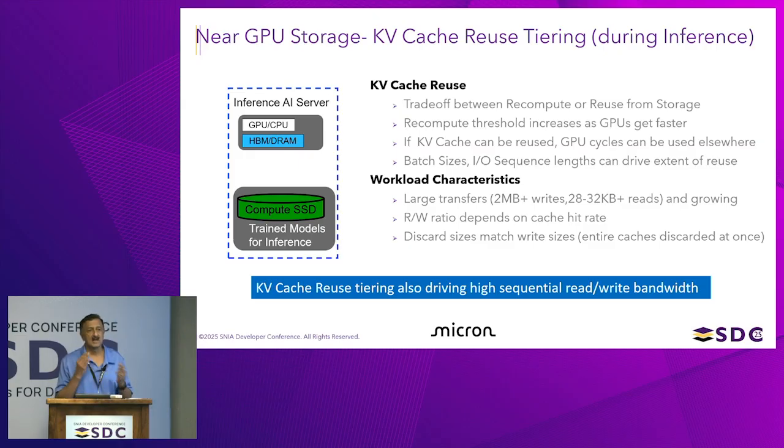Secondly, the input sequence length and the output sequence length, so the length of the token sequence is getting larger and larger, which again increases the KV cache size. This is causing a spillover of that KV cache from GPU memory to CPU memory to near GPU storage, and then on to network storage. And so that's driving requirements.